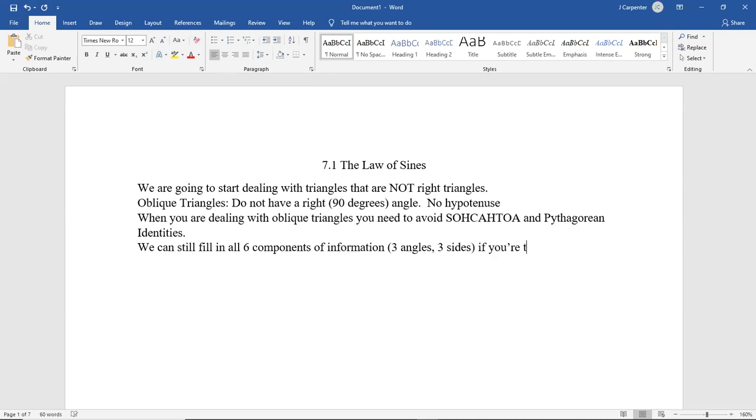If you're given 3 of these components, at least one being a side. I'm going to explain why we have to have at least one side in a couple seconds.